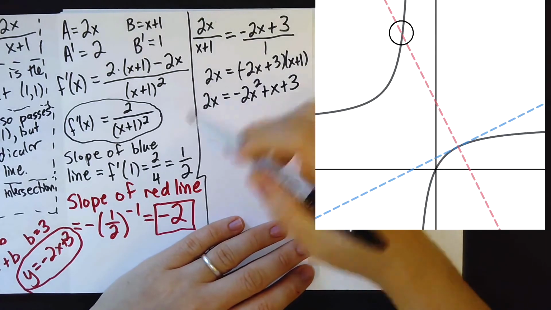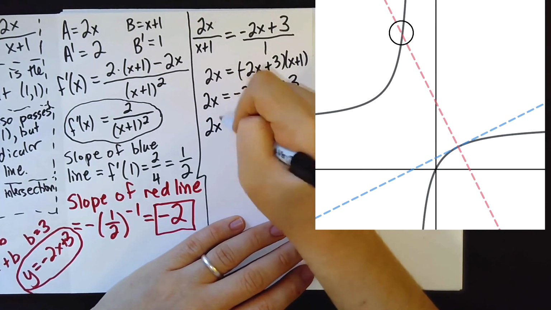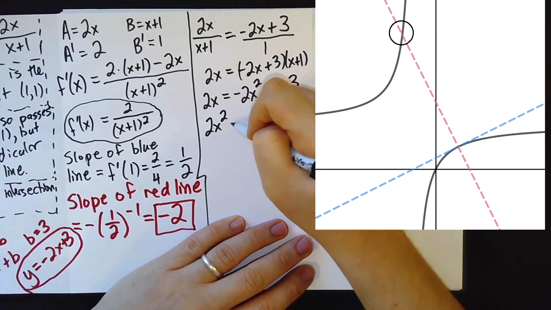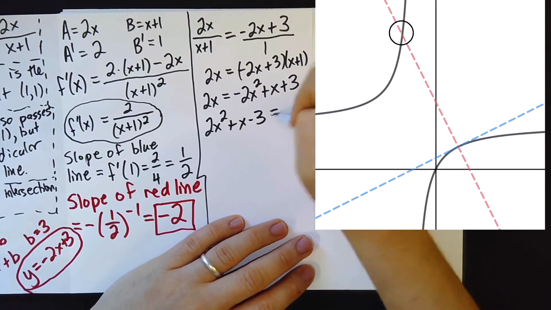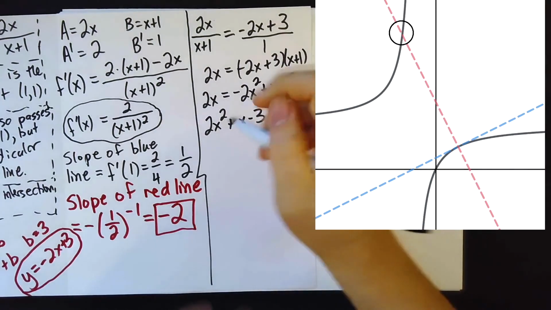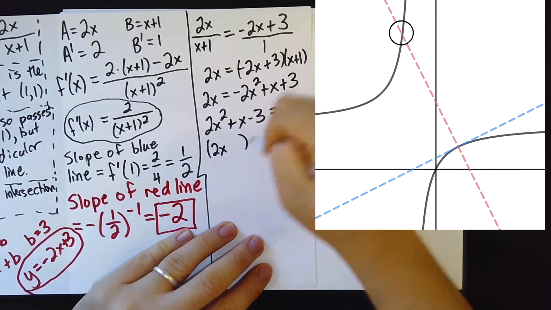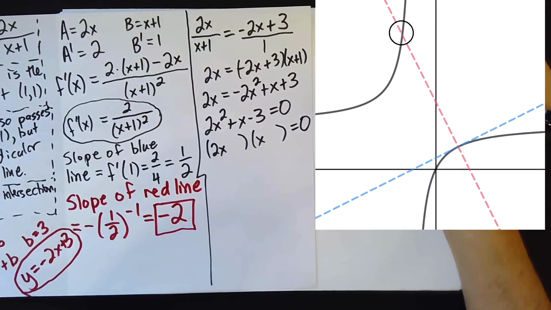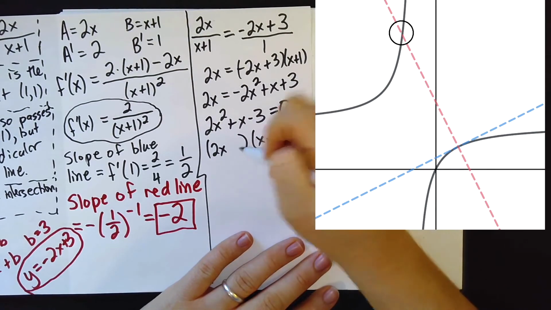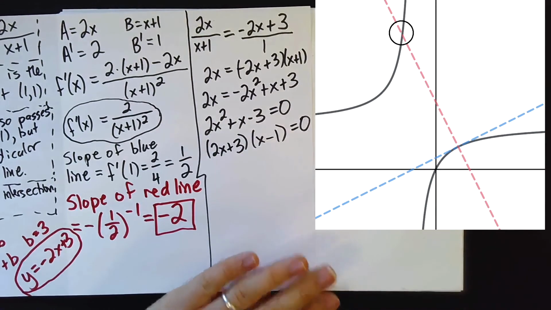I'll go ahead and push everything over to the right. So I'll get 2x squared plus x minus 3 equals 0. So this would better factor like this. And if I squint at this, I'll come up with this factorization.